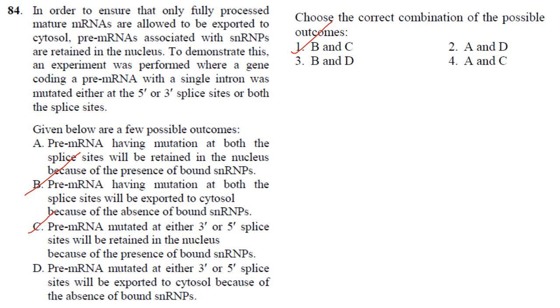To demonstrate this, an experiment was performed where a gene coding a pre-mRNA with a single intron was mutated either at the 5' or 3' splice site or both splice sites. Given below are 4 possible outcomes. Choose the correct combination of the possible outcomes.